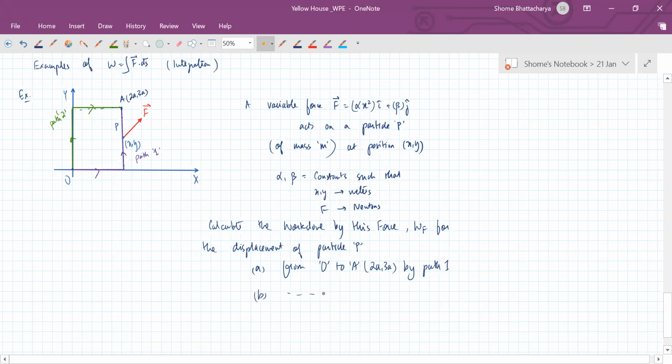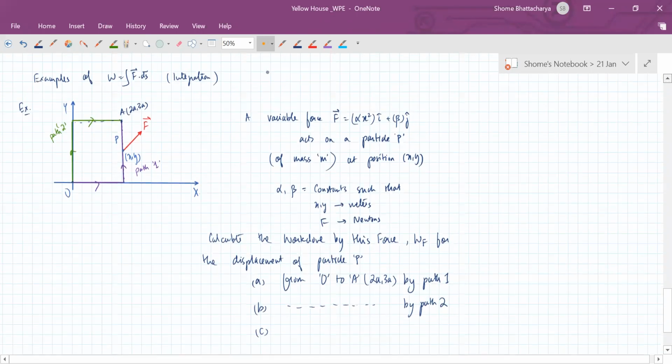Then again from the origin to the point A, but by path 2. And we will come to a part C after this also. Just you have to first work this out. So take down the question. I will explain step by step how to work this out.